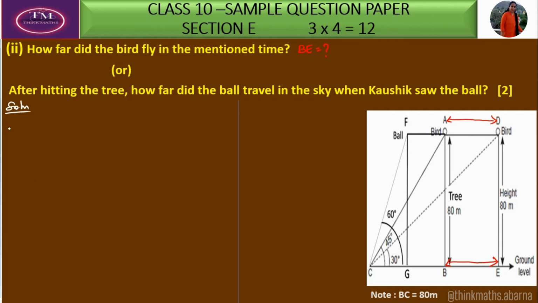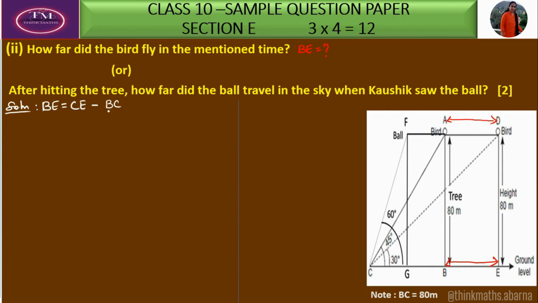So here what is given? Height of the tree is 80 meters. So the same height will be for this. So DE will also be 80 meter. We need to find out BE. So what is BE? BE is equal to CE minus BC.